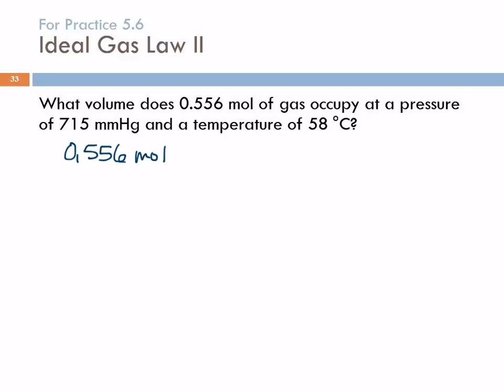So 0.556 moles, that's what n is equal to. 715 millimeters of mercury, that's going to be the pressure. And it says pressure, so that's helpful. And then the temperature is 58 degrees Celsius. And the degrees Celsius immediately sets off an alarm that says, Kelvin, Kelvin, change it to Kelvin.